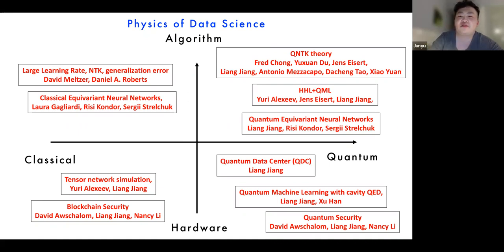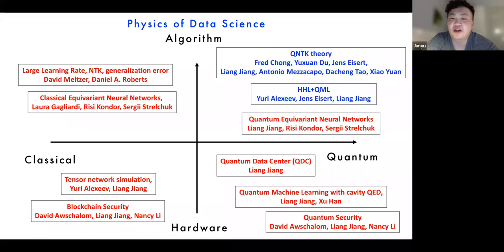Today I will primarily talk about these two works. The first one is the so-called QNTK series, the quantum neural tangent kernel, QNTK for short, about near-term quantum computing using variational algorithms to run machine learning type experiments. The second is the so-called HHL algorithm, which works in the time of fault tolerance of quantum computation.